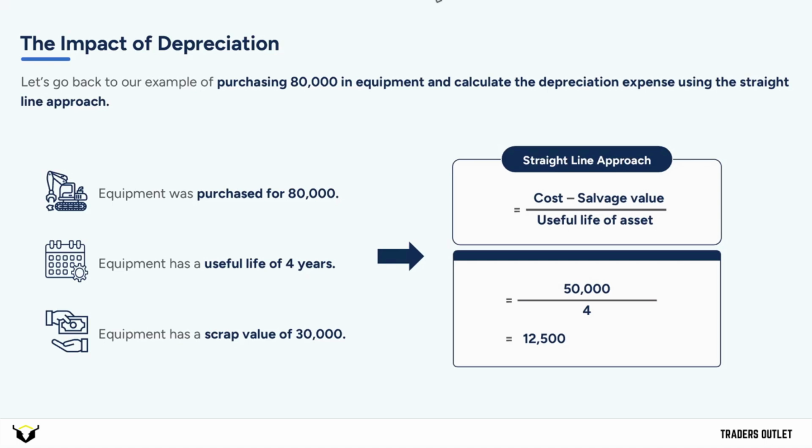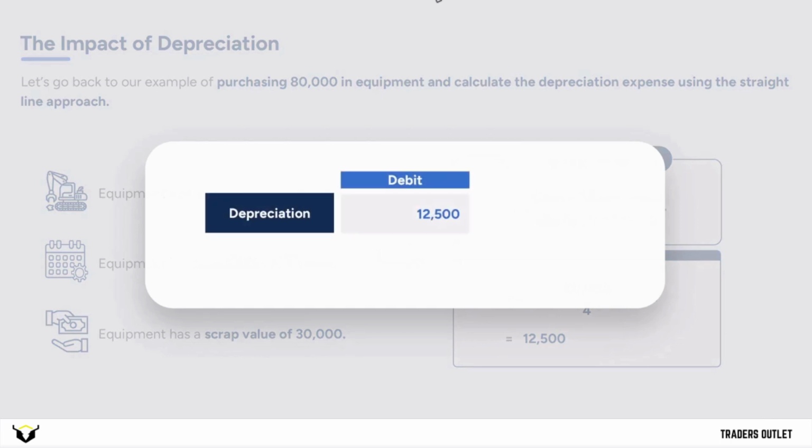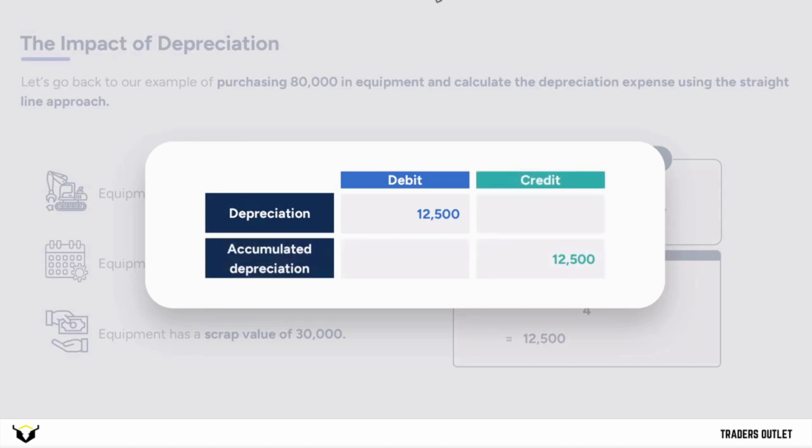Let's look at how the journal entry would work for this transaction. We know already that increasing an expense is a debit. As depreciation expense is just that, we're going to debit depreciation expense. Now we need to look at the credit side of the journal entry, and we're going to create a new account called Accumulated Depreciation, which sits on the balance sheet.